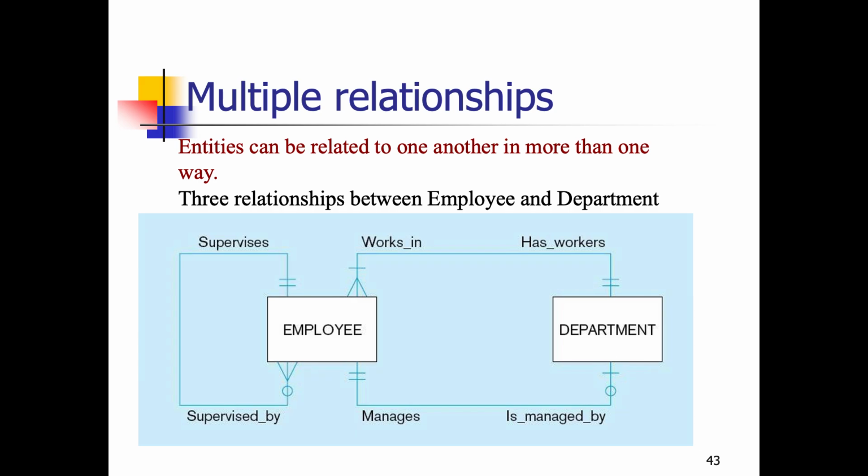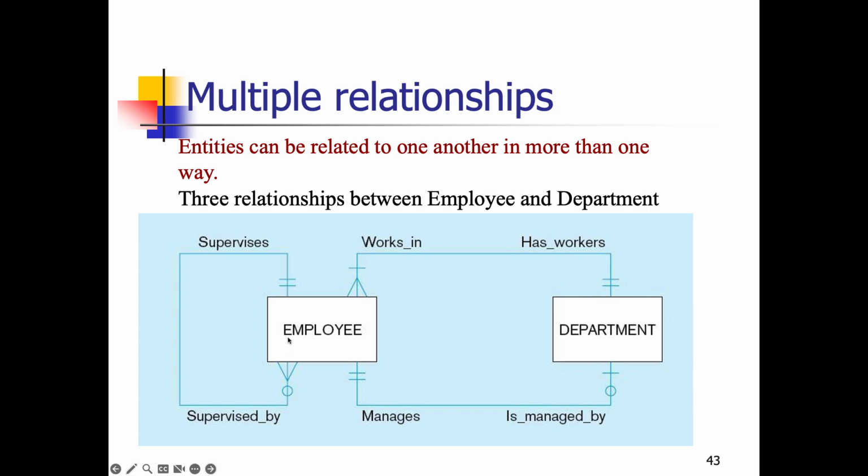Okay, so we continue. Sometimes we have multiple relationships. For example, if you see this slide, it's showing an employee and department. You see different types of relationship here. A relationship between one entity with itself, which is the employee, right? The employee has this relationship with itself, which I already explained, because some employees are supervising other employees.